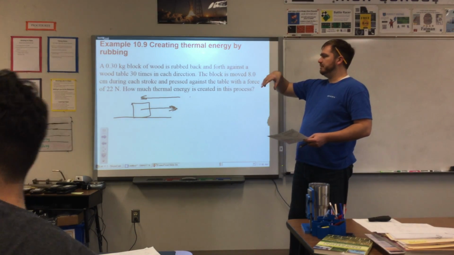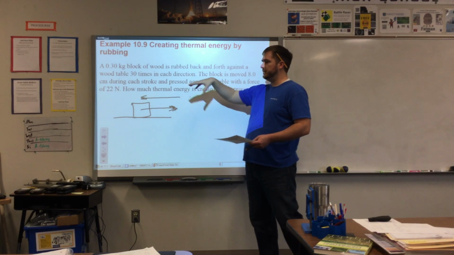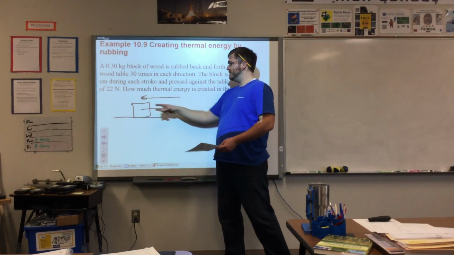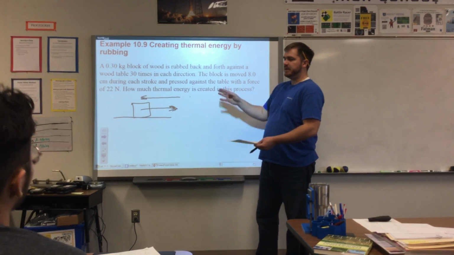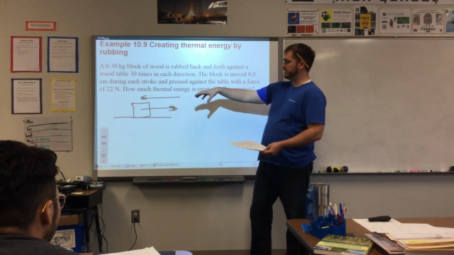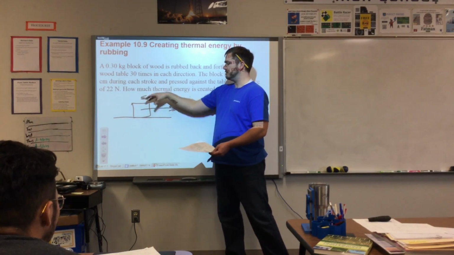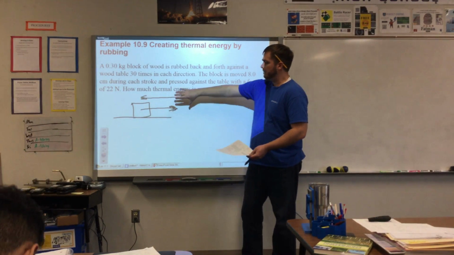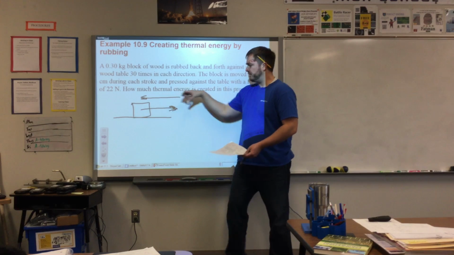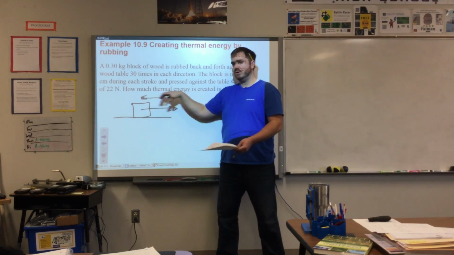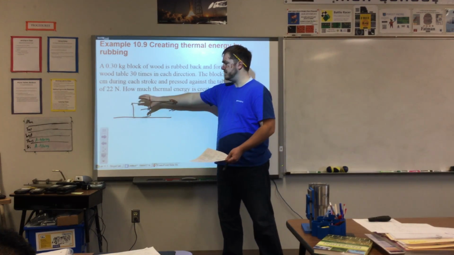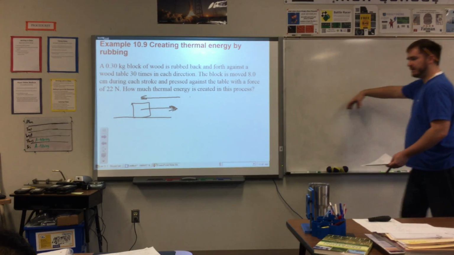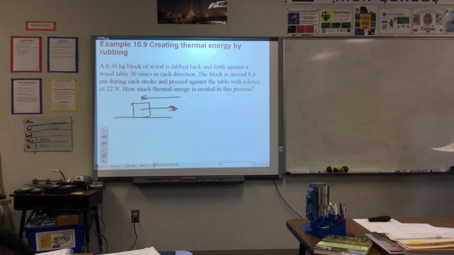So that means a total of, you can think of it as, 60 times 8 centimeters, okay? But here's what we can do. The same amount of thermal energy that would be generated by going back and forth, back and forth, would also be generated if we were to move it all the way along an entire straight line distance equal to that back and forth distance.